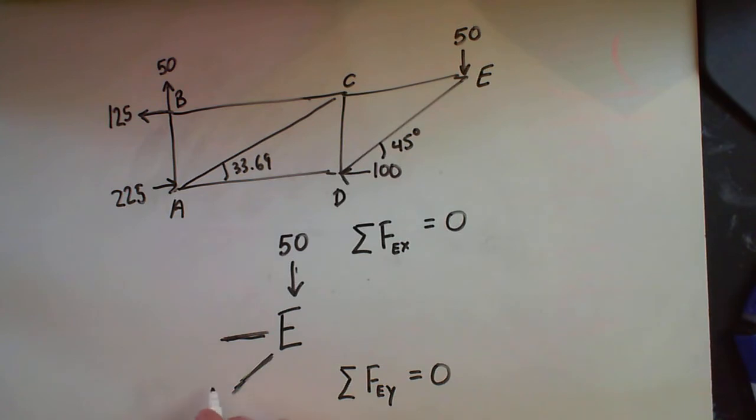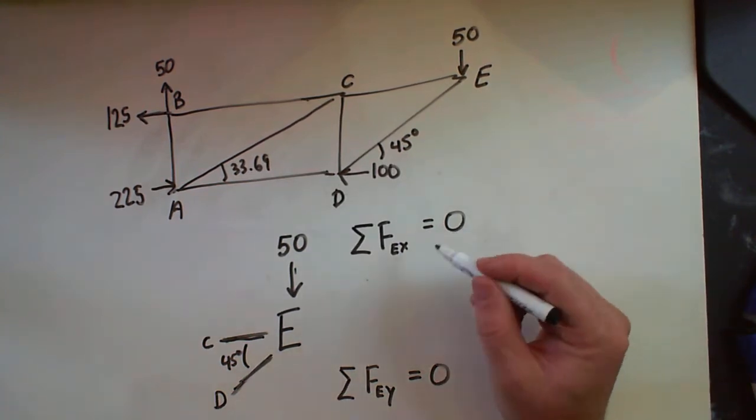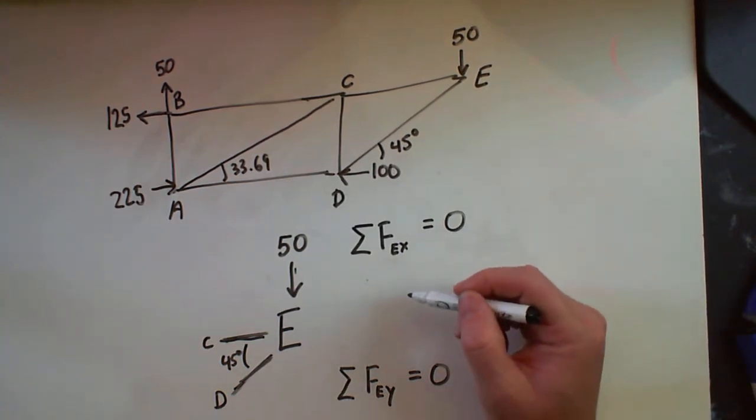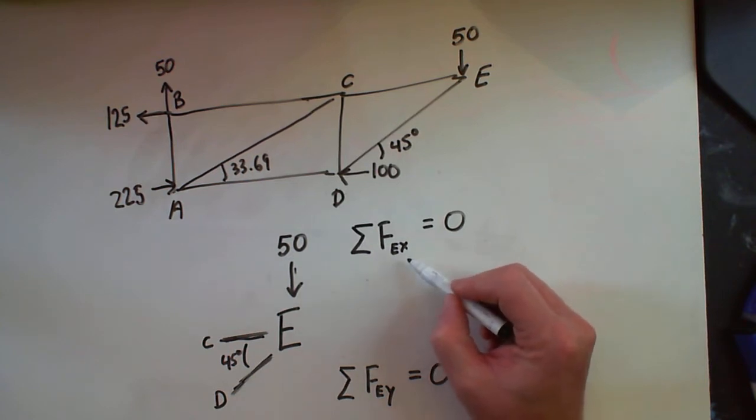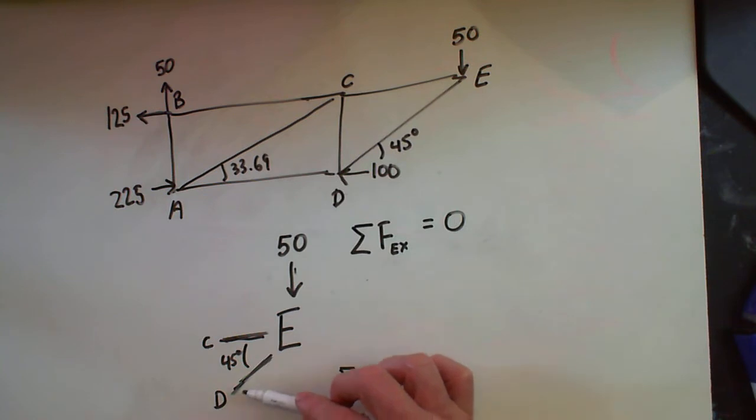So at the end of this member we have D, at the end of this member we have C. We know that this is a 45-degree angle. So let's see what our 2 different equations end up looking like. So in terms of x, both CE and DE have x components.